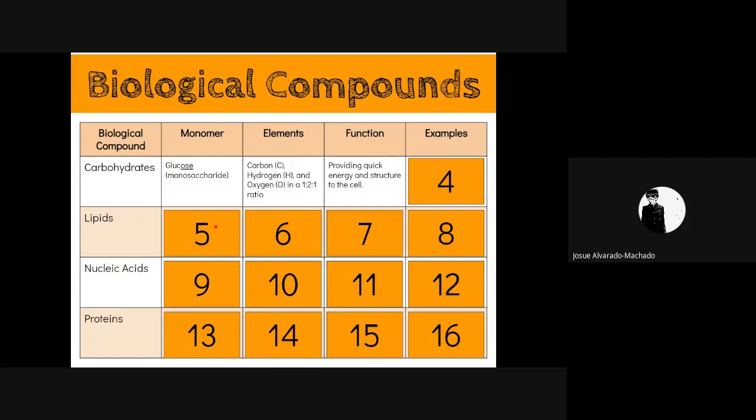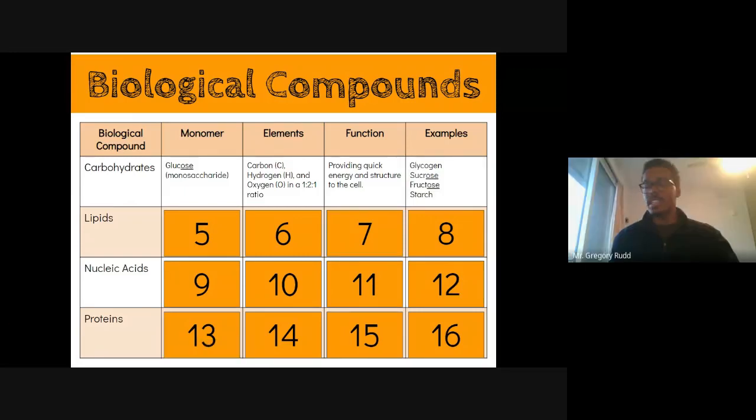Lisa, did you have something? Glycogen. Yeah, glycogen. Thank you, Lisa. And then I heard Josue said something, fructose. I think you said fructose, Josue. So I appreciate it. All right, so those are good examples. And again, anytime we see OSE, we should be thinking about a sugar. Excellent.